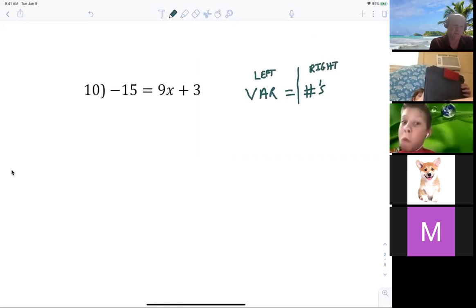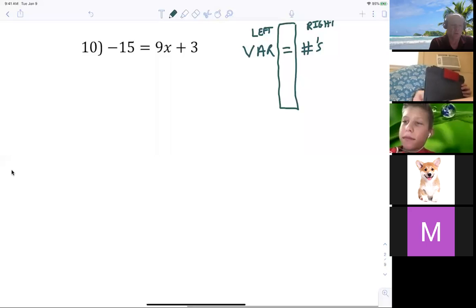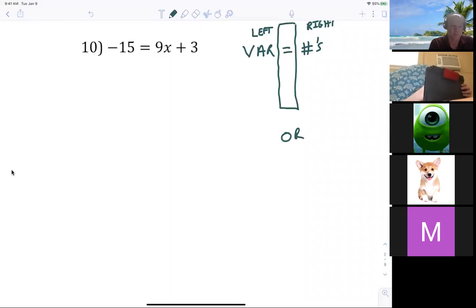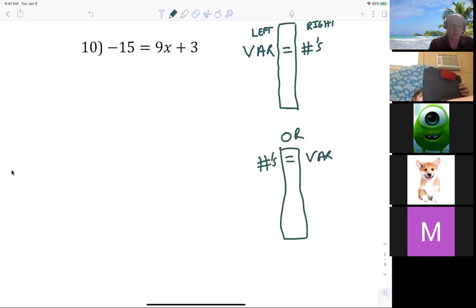Left and right of what? Left and right of the equal sign. You with me? So all the variables have to go on the left and all the numbers have to go on the right. Or we can put the numbers on the left and the variables on the right, whichever way is easier, okay? So the equal sign is the middle. So we say, this is the left and this is the right, okay?